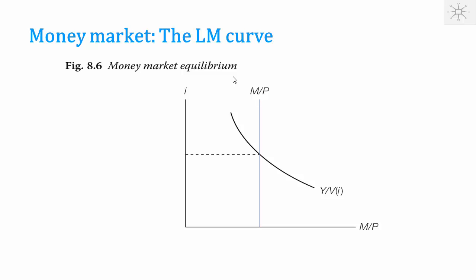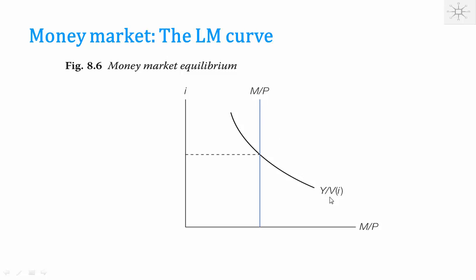So let us first look at the money market equilibrium. In a graph where we have the real level of money on the horizontal axis and the nominal interest rate on the vertical axis, we have a given real supply of money, M over P, and we now take M and P as given. So there is some real quantity of money circulating in the economy.